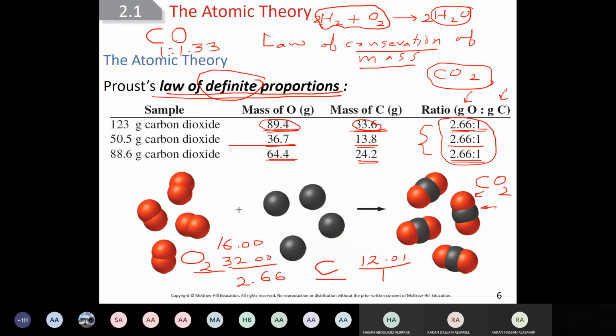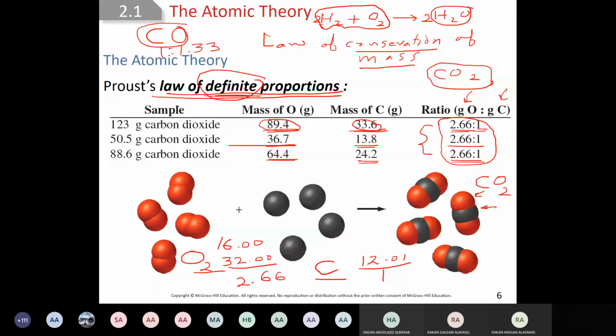If we have another compound, like for example CO, then the ratio is different, but it's always also constant. It is 1 to 1.33. Is this clear? What's the name of this law? Law of definite proportion.